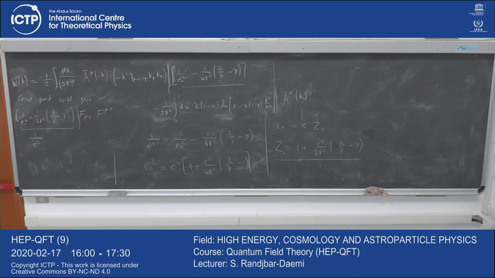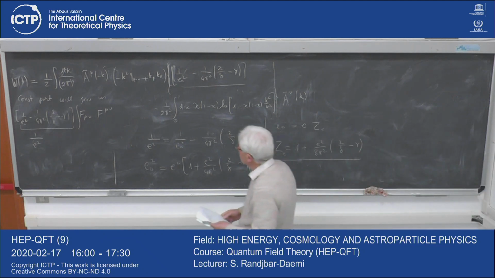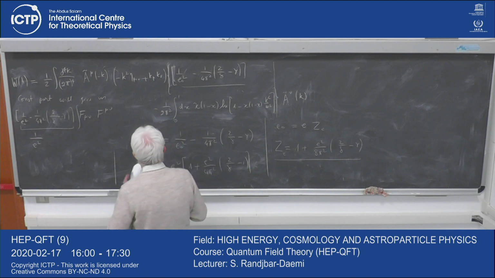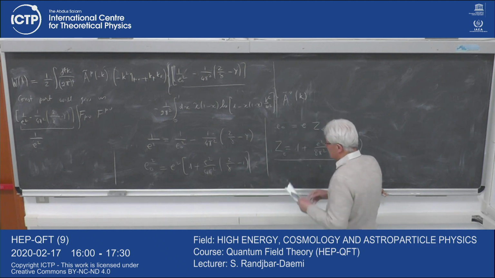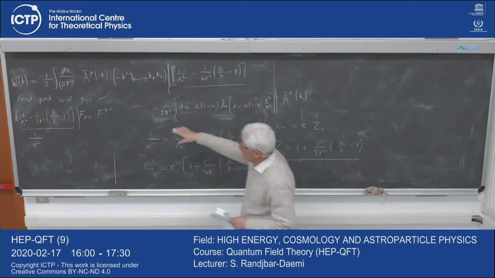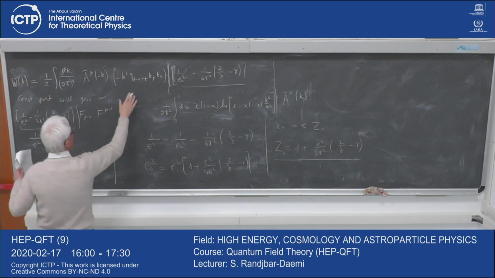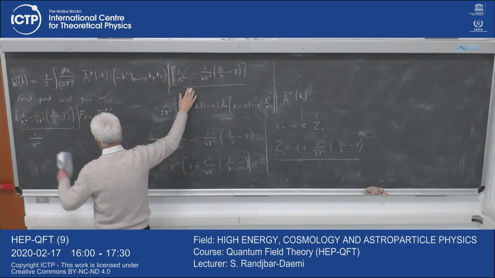For the moment, what I would like to do is to conclude this lecture by writing the expression that we have here in the final form. So let's just take this expression, replace this constant part by 1 over e squared.